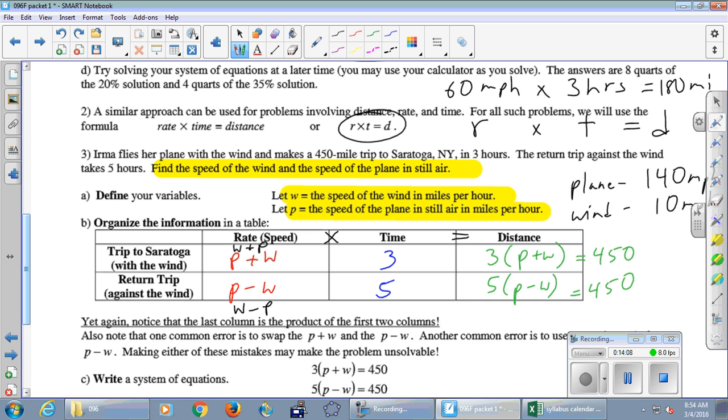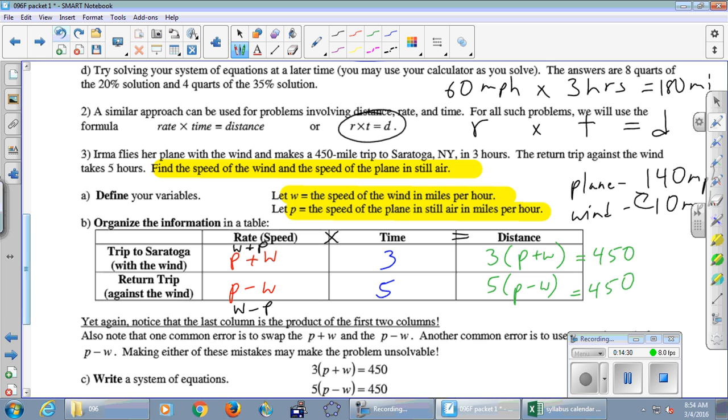Because W minus P, in this case, with the 140 miles an hour and the 10 miles an hour, tells you that the plane is going negative 130 miles an hour, which it isn't. So you can't just arbitrarily put the W and P in any order. Plane is going faster than the wind, we hope, otherwise we're not making this trip. So always got to put the plane speed first.